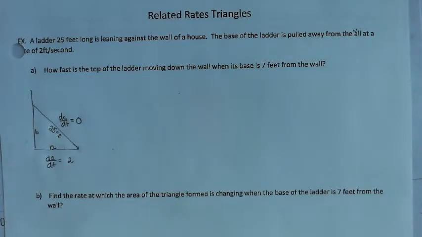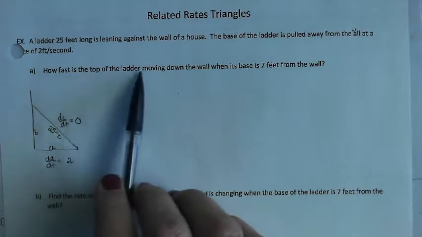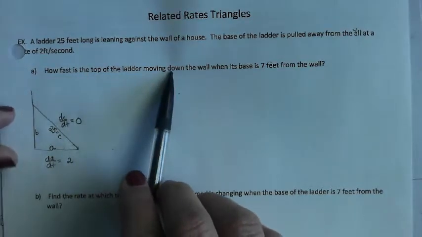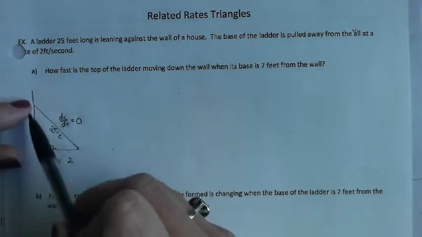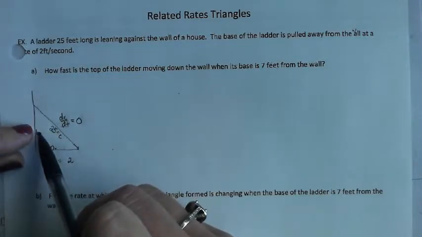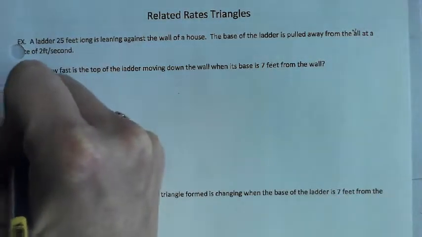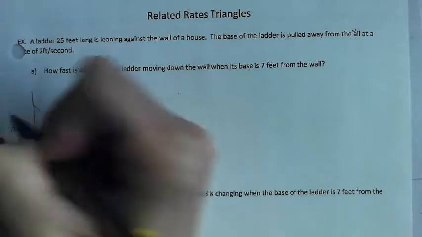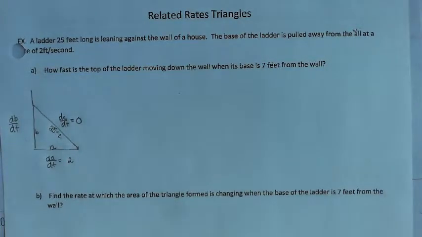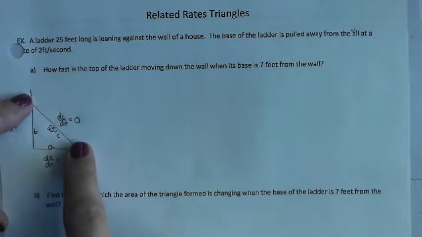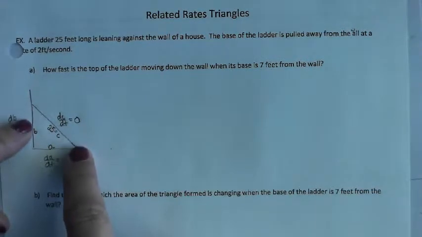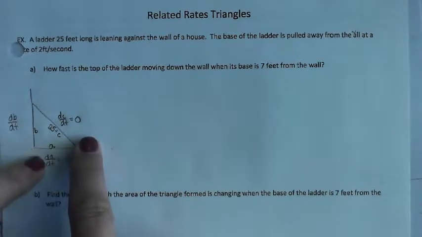And the question is, how fast is the top of the ladder moving down the wall? So they're looking for how fast this is moving down the wall. So they're looking for dB/dt. And the speed actually changes. It's moving faster at certain points, depending on if it's just started moving down the wall or if it's in the thick of moving down the wall or right at the very end.